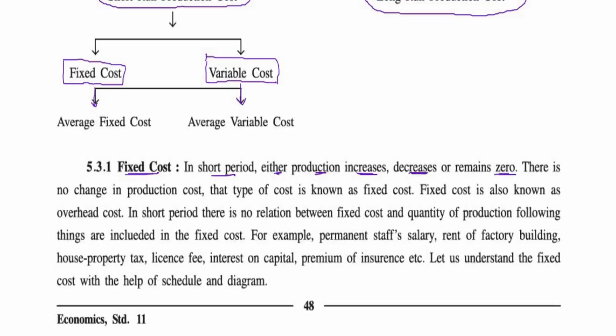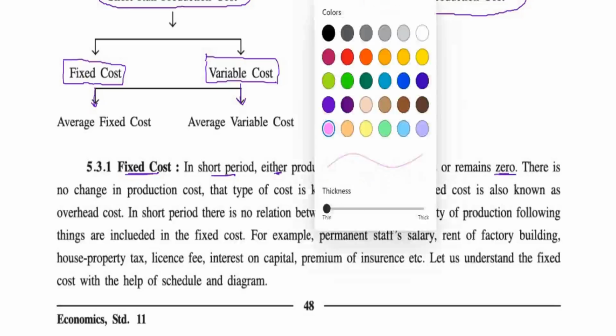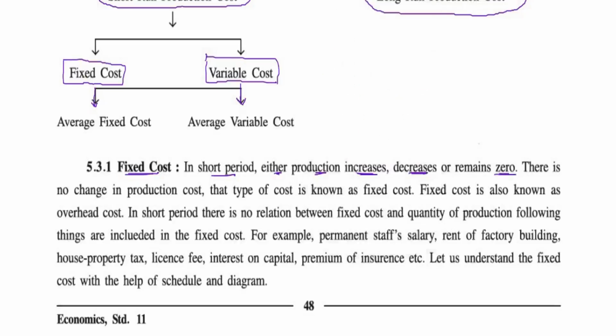So there are three possibilities, right? Production may increase, it may decrease, or it may remain zero. Still, there is no change in the production cost. That type of cost is known as fixed cost. It is also known as overhead cost.